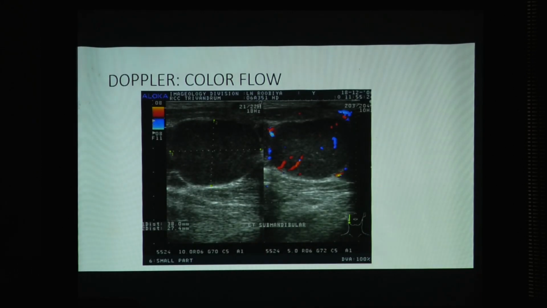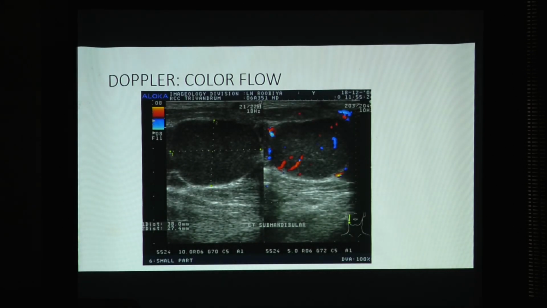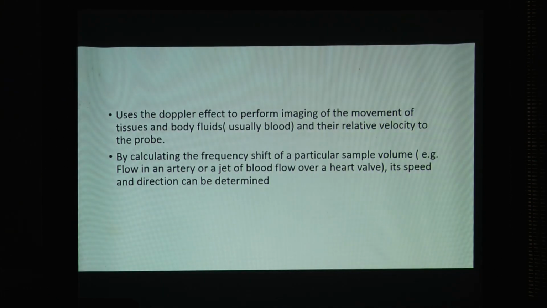Then comes the Doppler. Doppler measures the flow in the vessels. That is measured from the frequency shift. So the Doppler measures any flow, any movement of the tissue.